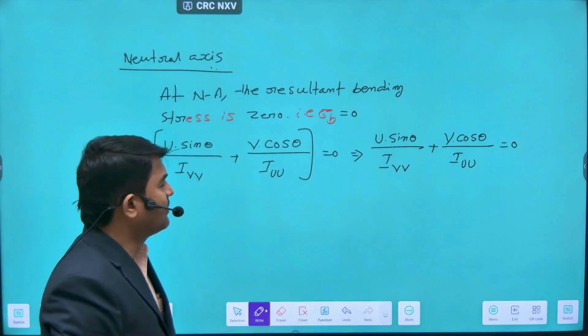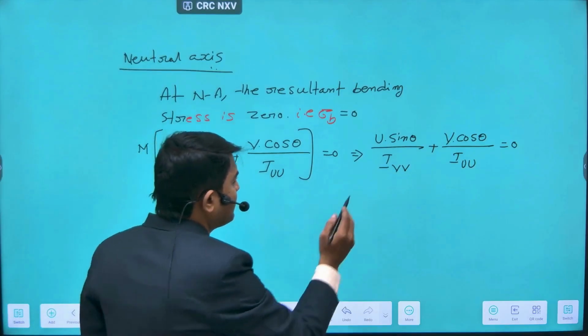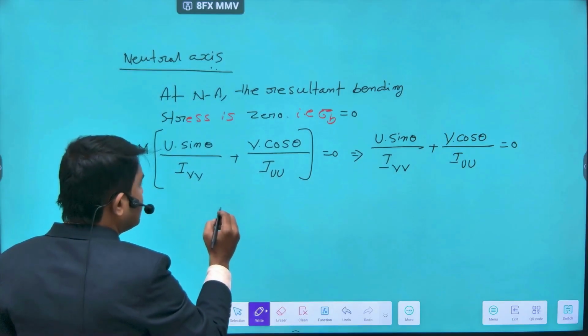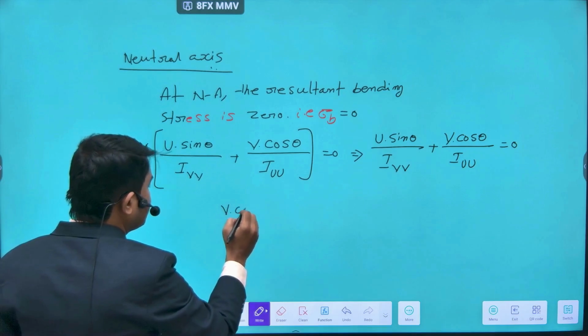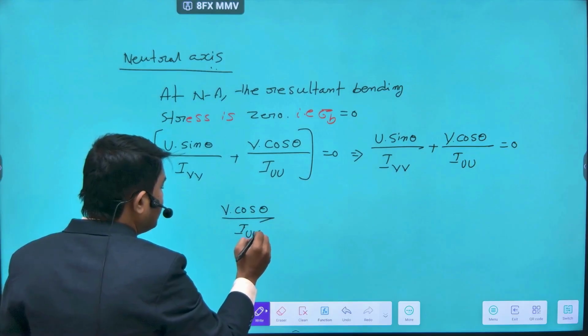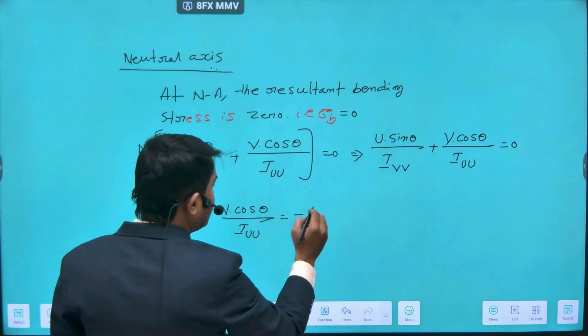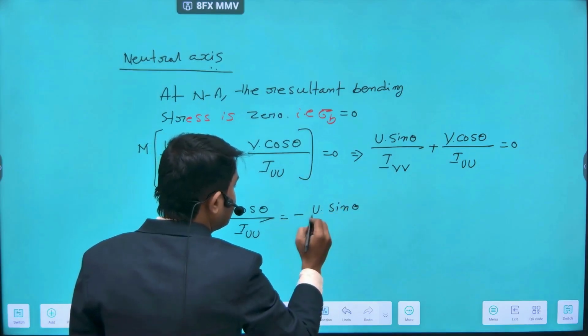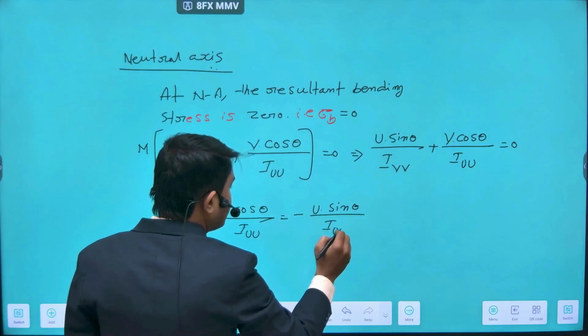For finding the neutral axis location, first I am placing the cos term on the left-hand side, that is, I am writing V cos theta by IUU first, for mathematical simplicity. Then on the right-hand side I am writing U sin theta divided by IVV.